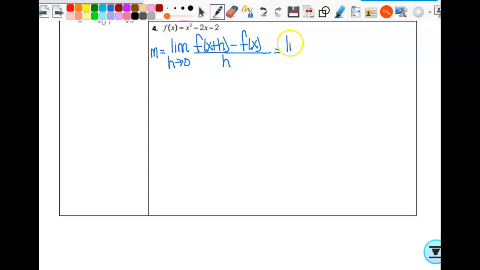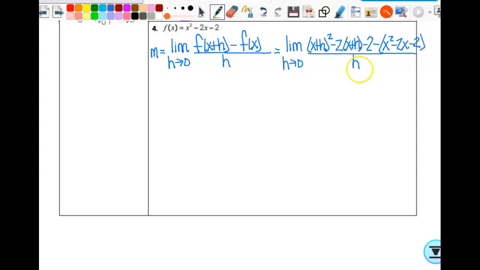So this is equal to the limit as h approaches 0 of, plugging in x plus h, x plus h squared minus 2 times x plus h minus 2, and then minus f of x, which is x squared minus 2x minus 2, all over h.